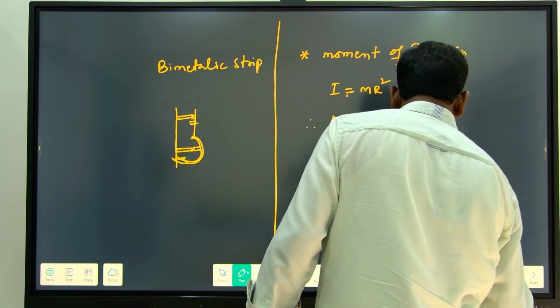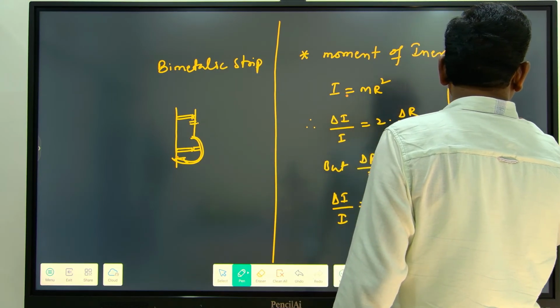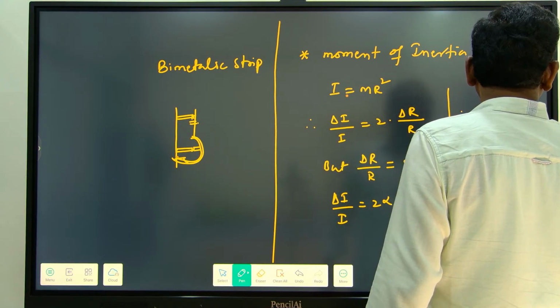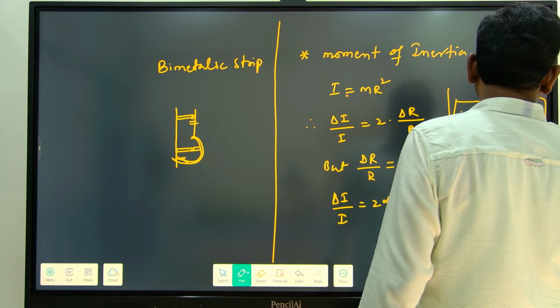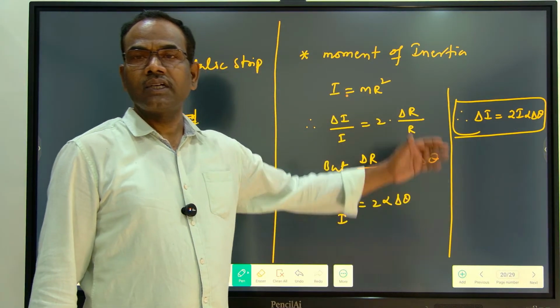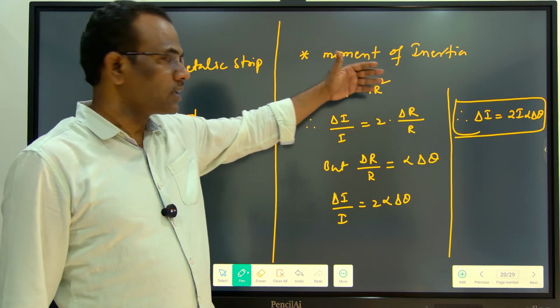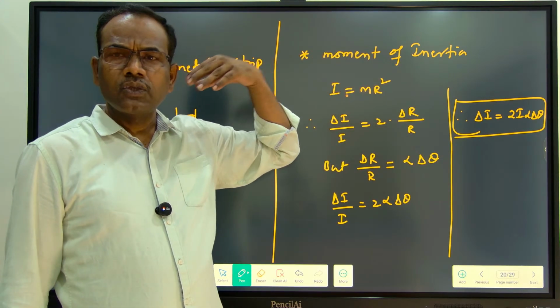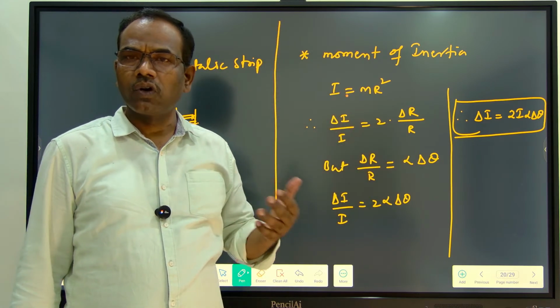Therefore the change in inertia is 2I alpha into delta theta. That is a very important formula. So moment of inertia also changes when temperature changes. It is one more application, very simple. You can connect that length changes, area changes, volume changes.